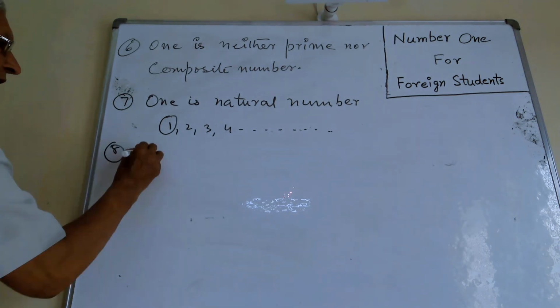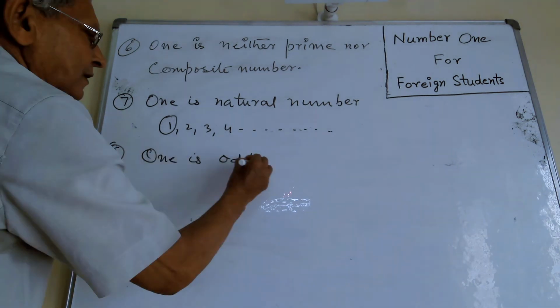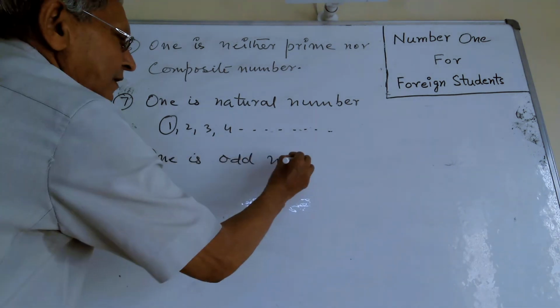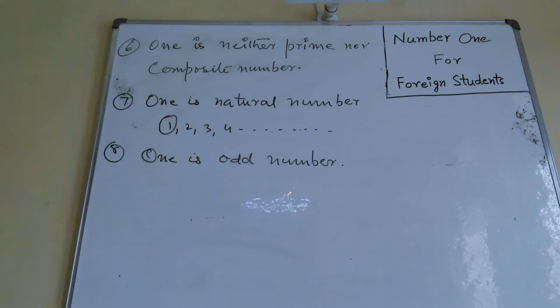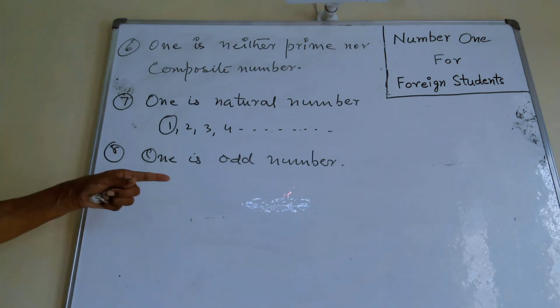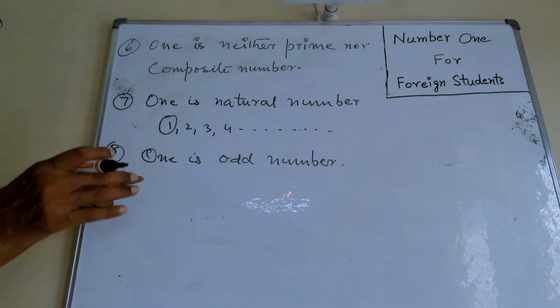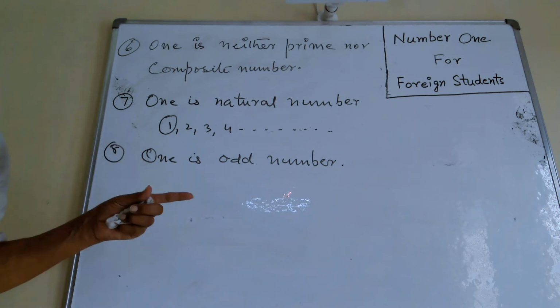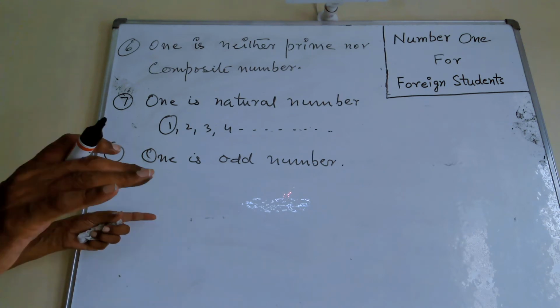8th, 1 is an odd number. My dear student, what is the definition of an odd number? The number which cannot be divided by 2 is called an odd number. The number which can be divided by 2 is an even number.